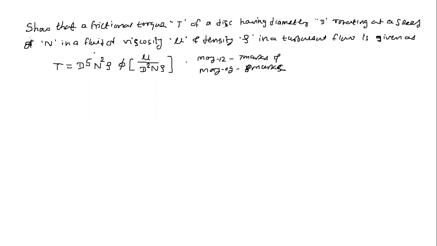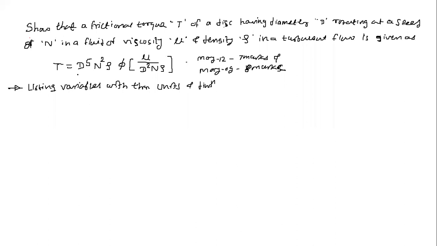Now we'll go stepwise. The first step is that we have to enlist all the parameters involved in the given process. So I'll first make a listing of the variables, all the variables involved here, along with their units and dimensions. Why are we going to write their units and dimensions?